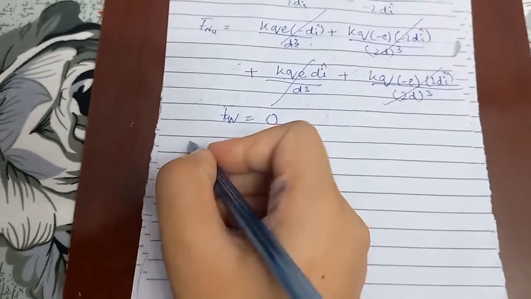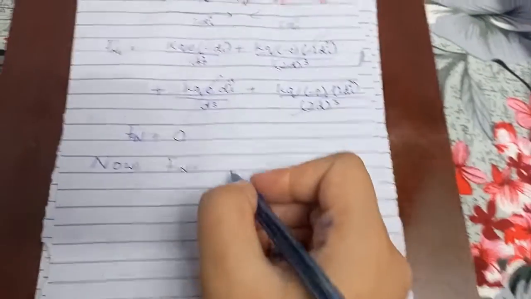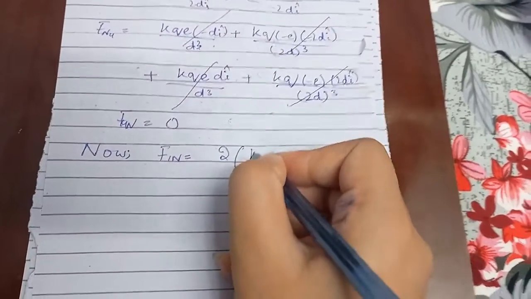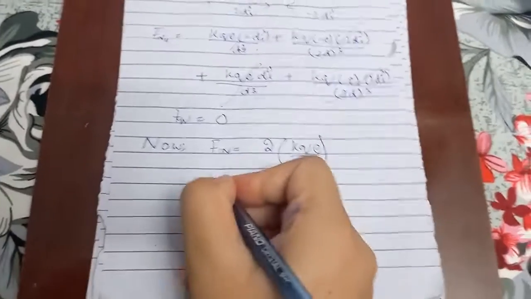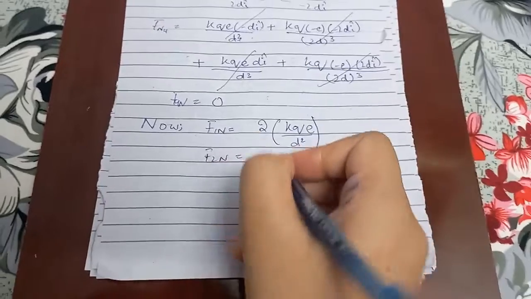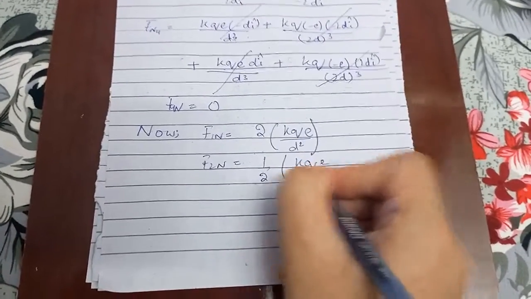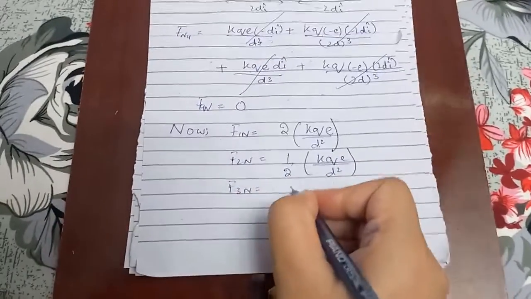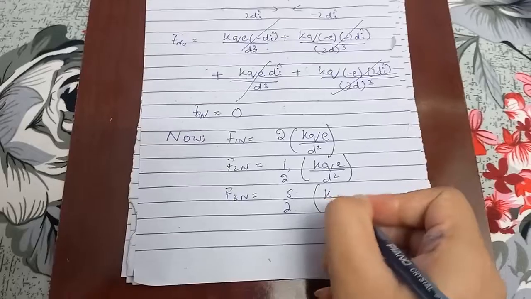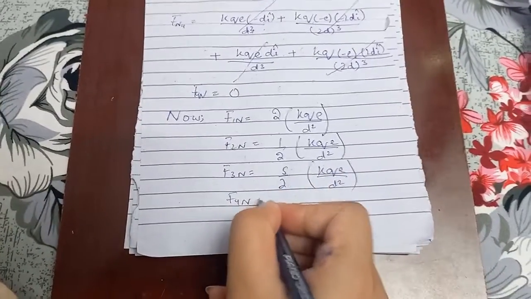Now let's categorize. Now we got F1, and the first one was 2 into kqe over d square. F2, in second situation we had the net force 1 over 2 kqe over d square. In third situation we had 5 by 2 into kqe over d square, and in fourth situation it's 0.